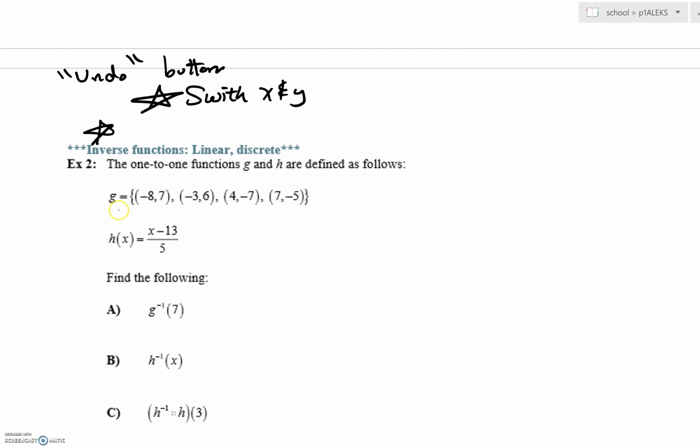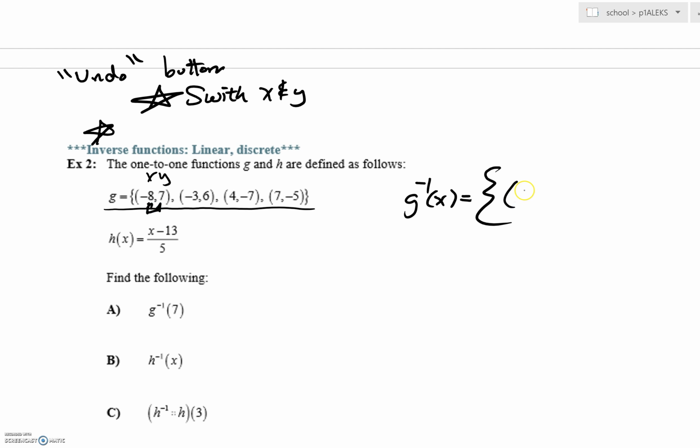So look at function g. Function g is just a set of points. It's just 4 ordered pairs, 4 points with an x, y. I'm going to write out what g inverse is. G inverse, you just have to switch x and y. Every point gets flipped. So I no longer have -8, 7.